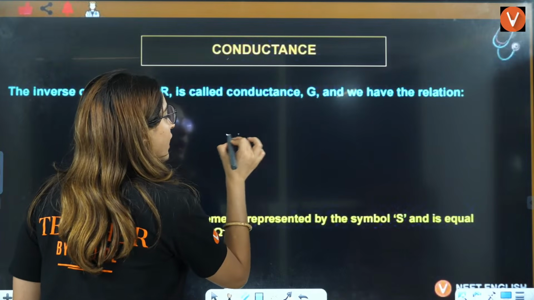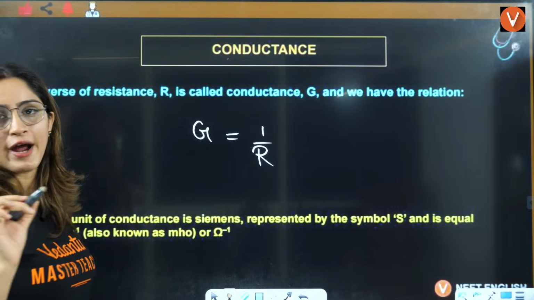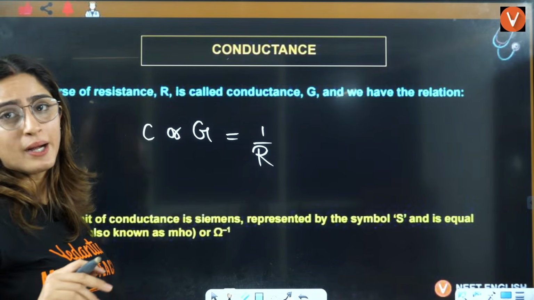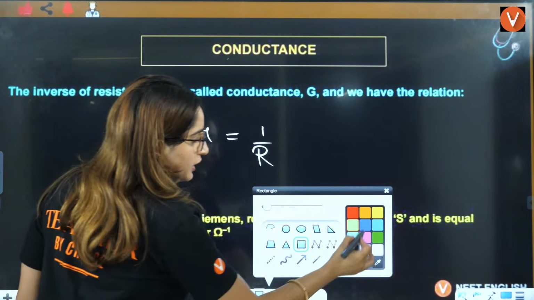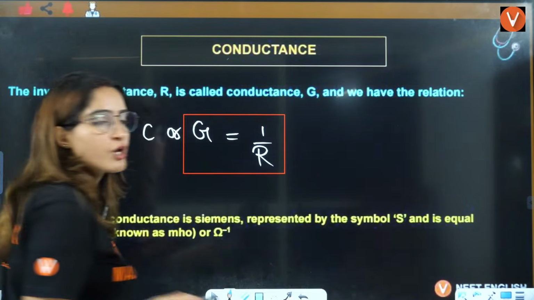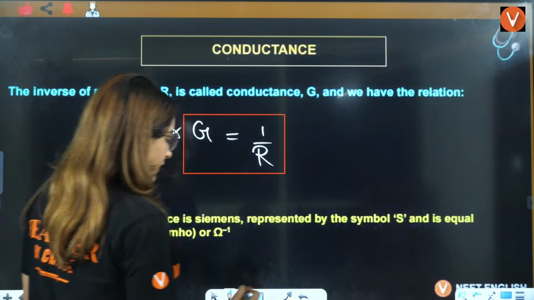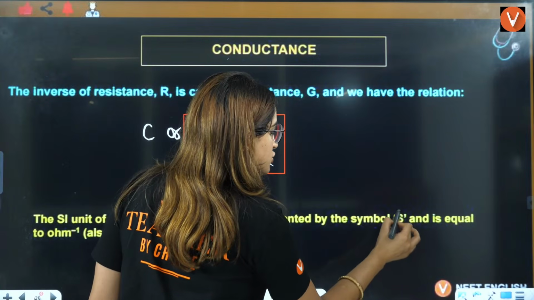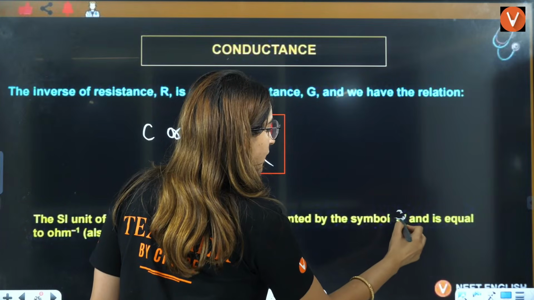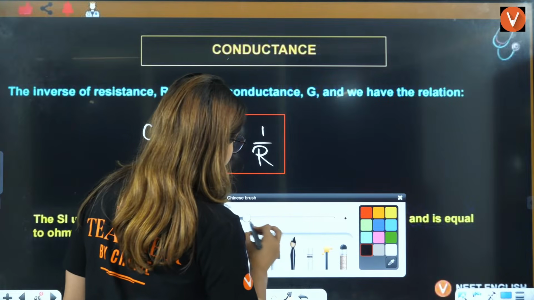Resistance is defined by R, and conductance in most books is defined by G, or sometimes in some books by capital C. But in the formulas here, I will only talk about capital G. Either you can represent it by capital G or capital C, totally your choice.